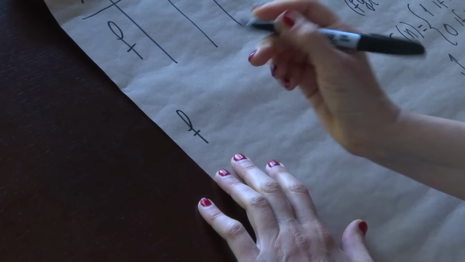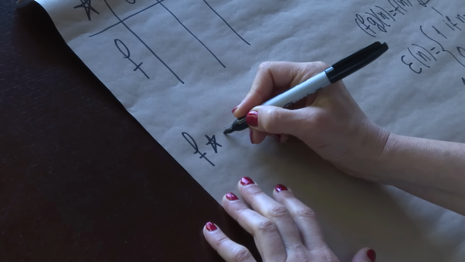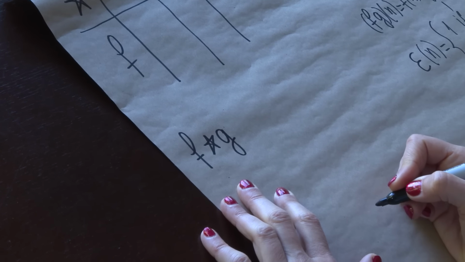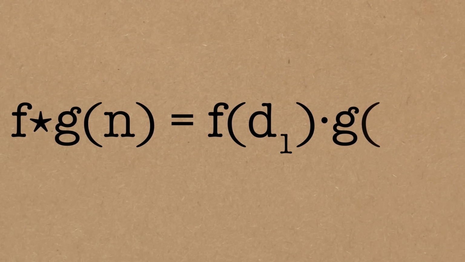If I have two arithmetic functions, f and g, and I want to Dirichlet product them, multiply them, what is this equal to? What I'm going to do is take all of the divisors of n and start feeding them into the functions and adding up the result. So I'm going to have f of d1 times g of the opposite divisor, which will be n over d1.